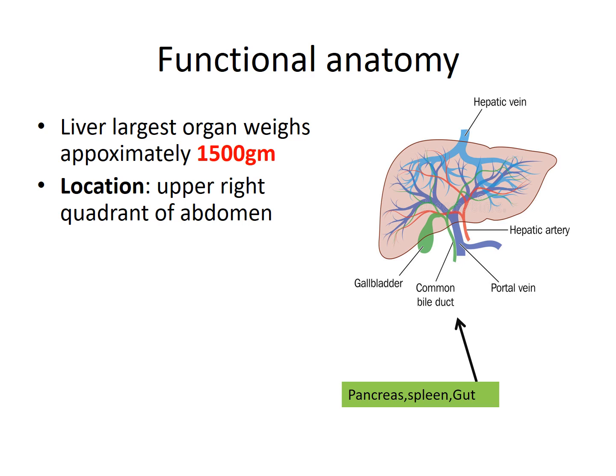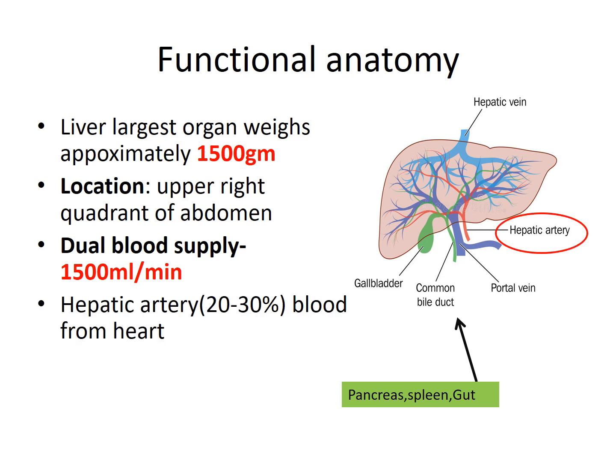Another advantage of liver being in this position is that any toxins that have entered into the gut or the splanchnic circulation will be first detoxified in the liver and then released into the systemic circulation. Liver is receiving two types of blood flow, the dual blood flow, one from the hepatic artery and another from the portal vein.